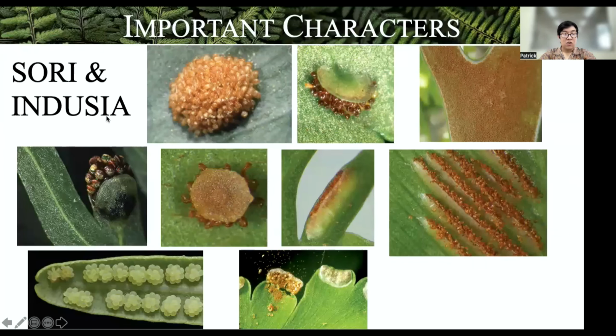So the sori and the indusia are very important, and they should be the priority when photographing or taking notes of the characters. So we have here the exindusiate because it has no indusium. The reniform, acrostichoid, which can be found in Platycerium, the bivalve, the peltate, the linear in Asplenium, and of course the exindusiate again.